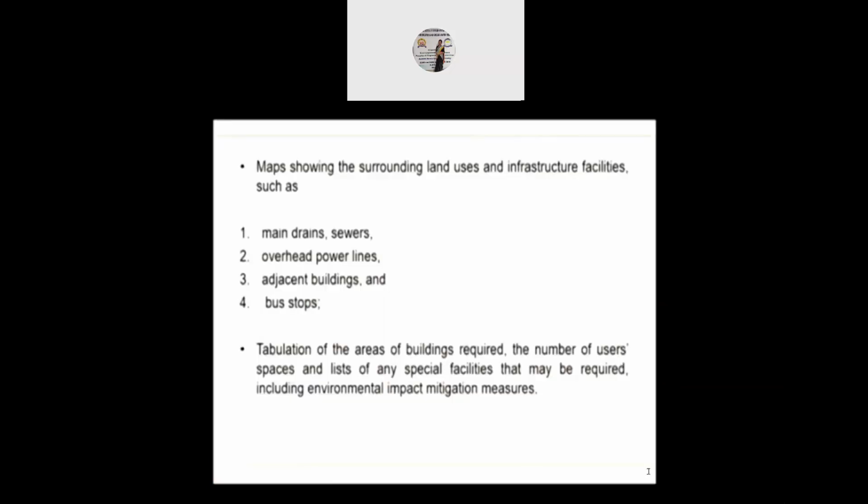And also bus stops. Since it is going to be a market, since public movement is going to happen constantly throughout the day, we must ensure it is close to public transportation systems. Tabulation of the area of buildings required, the number of users, spaces, and a list of any special facility that may be required, including environmental impact mitigation role.